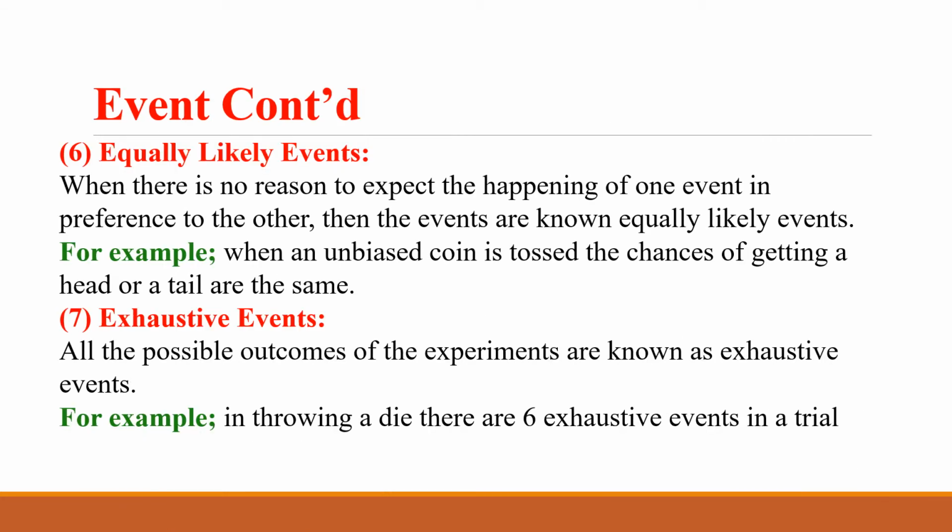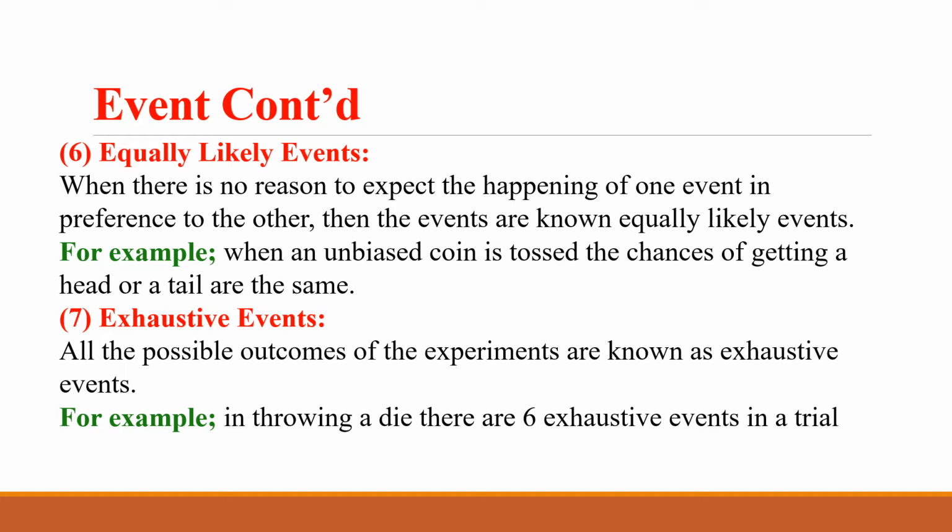Now, events are equally likely, or they can be exhaustive events. Now, what do we mean by equally likely events? When there is no reason to expect the happening of one event in preference to the other, then the events are equally likely.